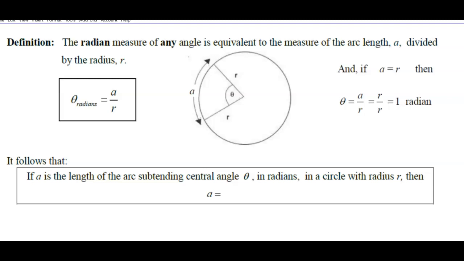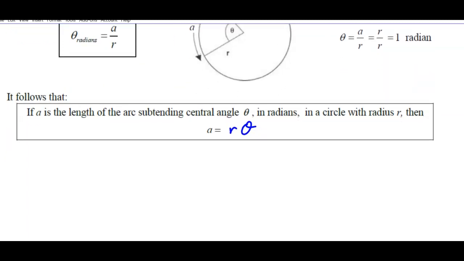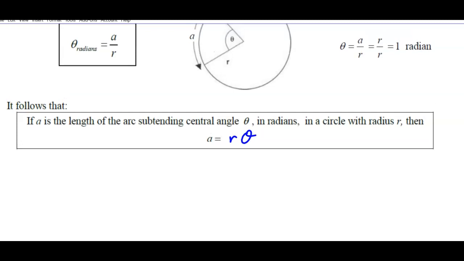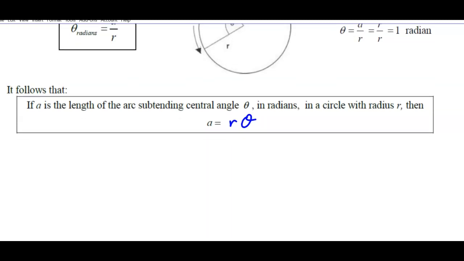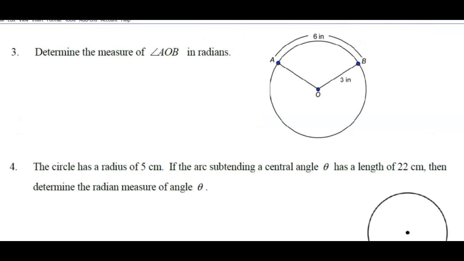If A is the length of the arc subtending central angle theta in radians, then A equals R theta. So that's the form that I tend to remember it in. But as I said, your formula sheet has it theta equals. But I don't think it puts the word radians in there. So you have to remember that it's radians.